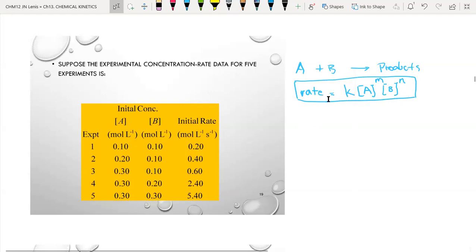The meaning of the rate law is as follows. It tells you how the concentration of A affects the speed of the reaction. And it also tells you how the concentration of B is affecting the speed of the whole reaction.